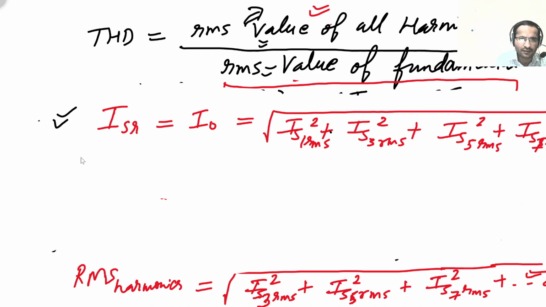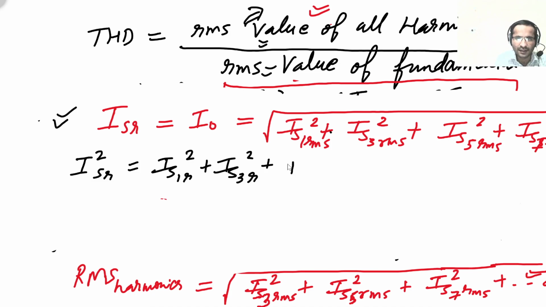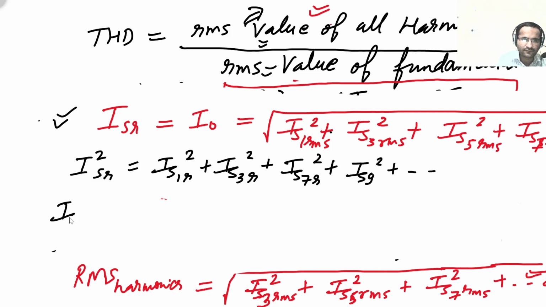Now if you take the square on both sides, it is modified as IS RMS square equals IS1 RMS square plus IS3 RMS square plus IS5 RMS square plus IS7 RMS square plus IS9 square, and so on till infinite. Now I am taking IS1 to the left side.